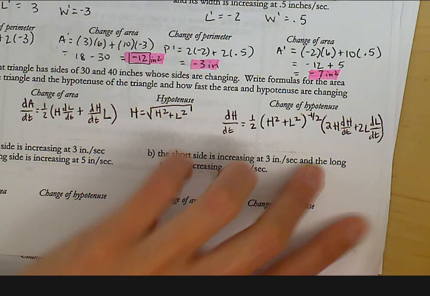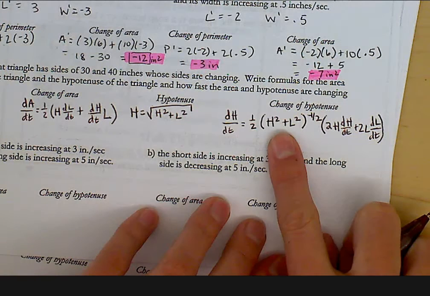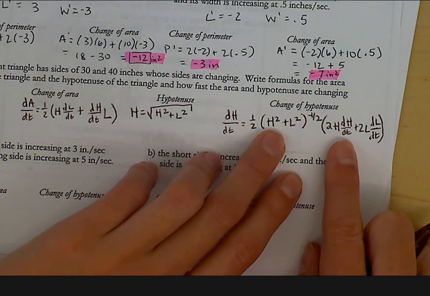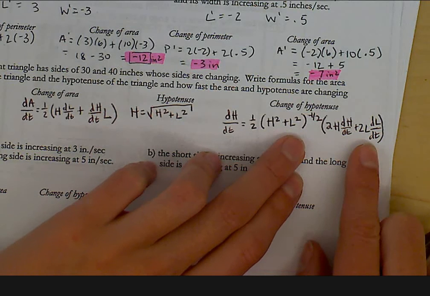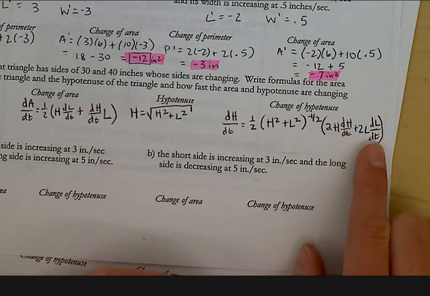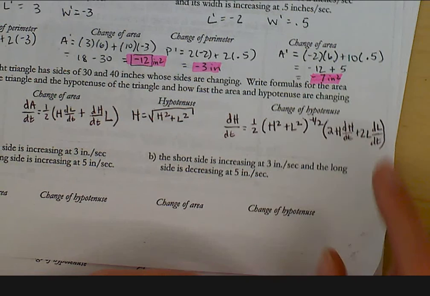So this is the derivative on the inside, 2h dH dt, since we took the derivative in terms of h, and this one's 2L dL dt, since we took the derivative in terms of L. So just a reminder of how this would look implicitly.